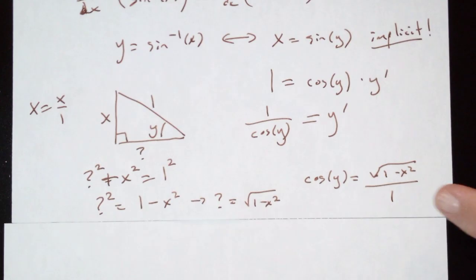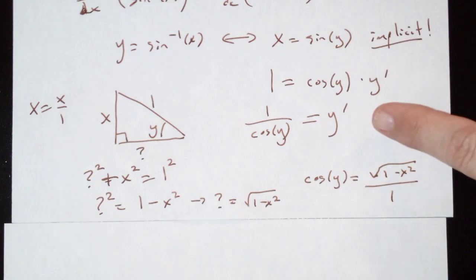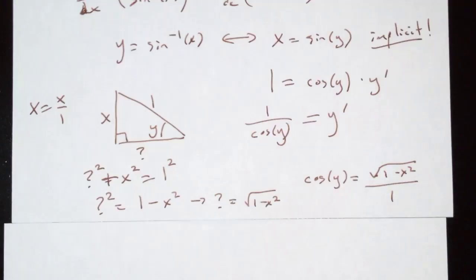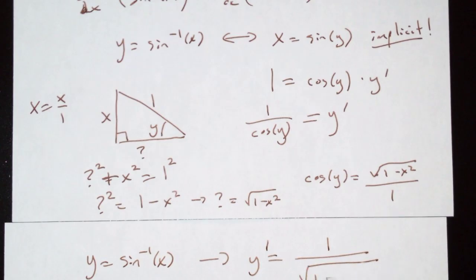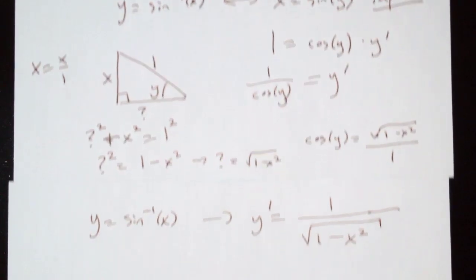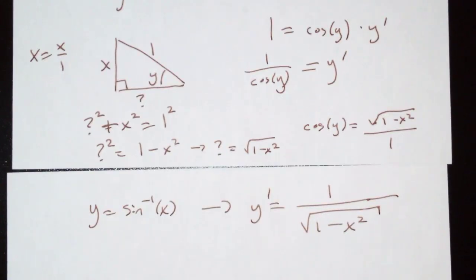And if I put that in here, I get, when y equals the inverse sine of x, y prime is 1 over the square root of 1 minus x squared. And just like before, Jordan, now I have an explicit formula for an explicit derivative.